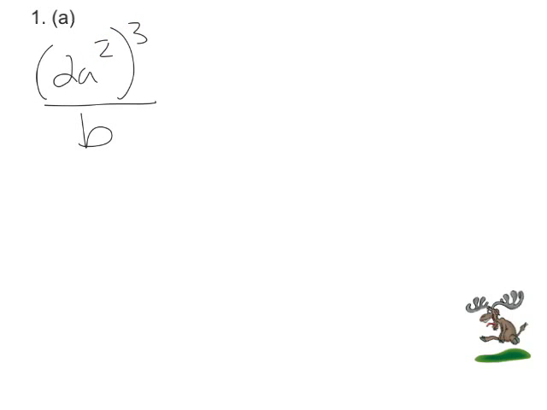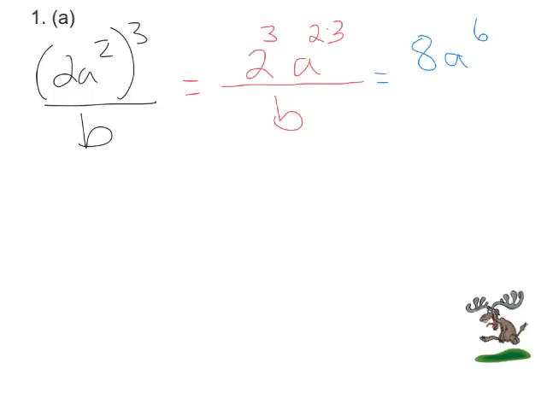This first step would bring us 2 to the third, and then a squared to the third, so we can multiply those exponents, and it does not apply to the b. And then if we simplify that down further, what we get is 8a to the 6th over b.